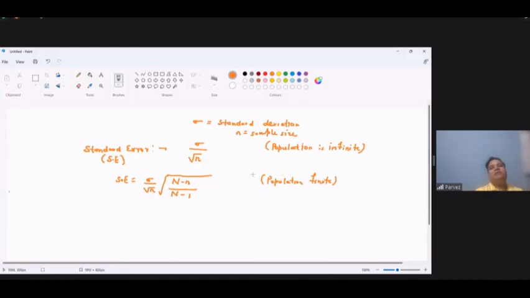For example, if I say that all over Karnataka there are 20 textile companies, and out of 20 textile companies I am selecting 5 as my sample, can you tell what the population is here? N is 20, population is 20 and 5 is the sample. So population size I will give in the question. When population size is given, then we can use this formula. Here capital N is the population size.